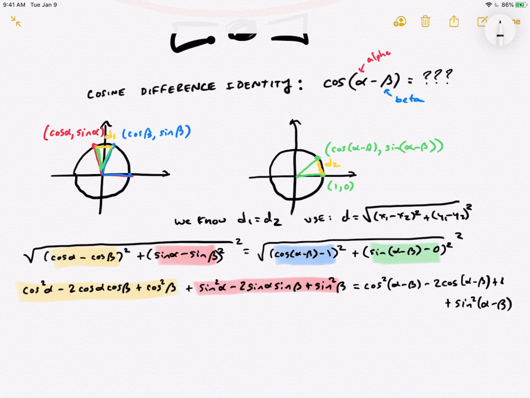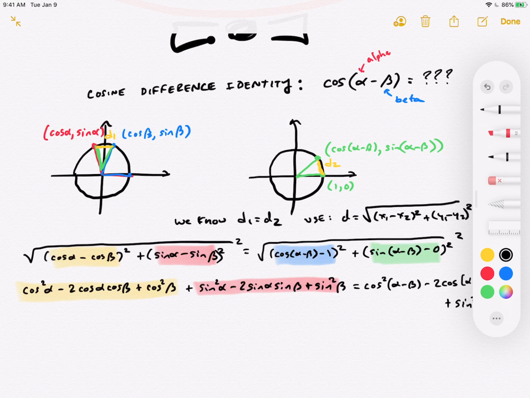One of the nice things about working with these formal identities is you get a chance to think back over things you've done before. So one thing you might recognize here is on the left-hand side of the equation, you had a cosine squared alpha and a sine squared alpha, and those two are equal to 1.